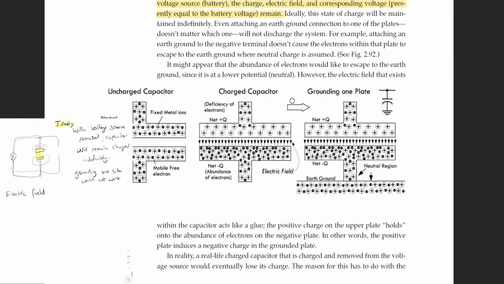I'm going to test myself on all of this. I'm going to turn this into questions and test myself. The electric field will act as glue. The positive charge on the upper plate holds onto the abundance of electrons on the negative plate.